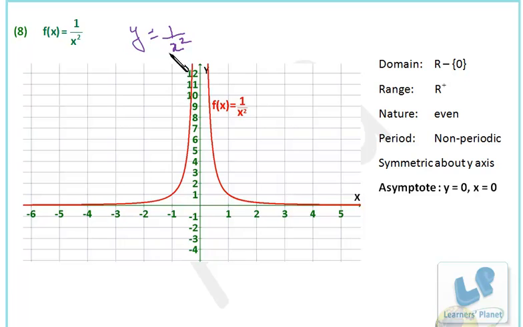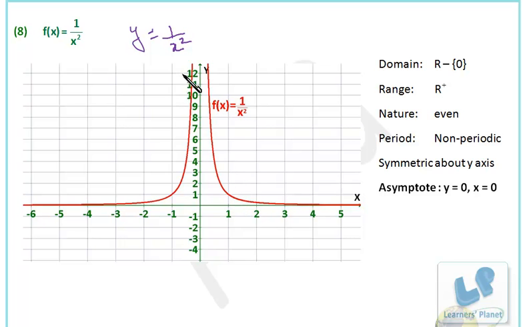Again, y and x, both of them are in inverse variation. That means if y increases, x decreases, or if x increases, y decreases, right? So the graph will go like this. Here we can see as x is increasing, y is decreasing.